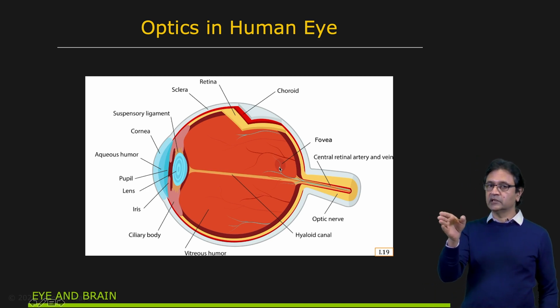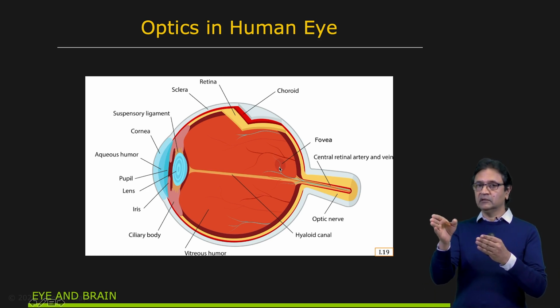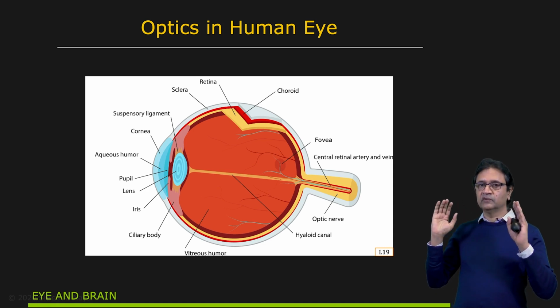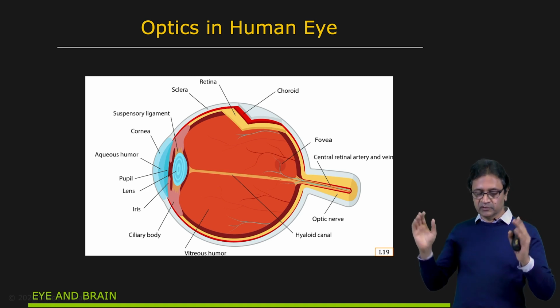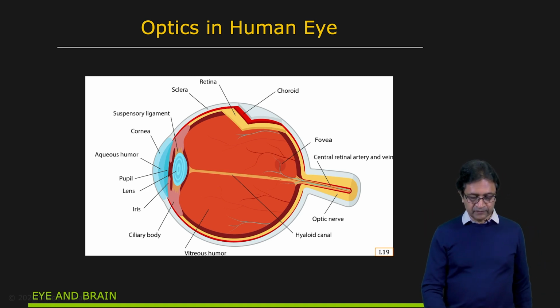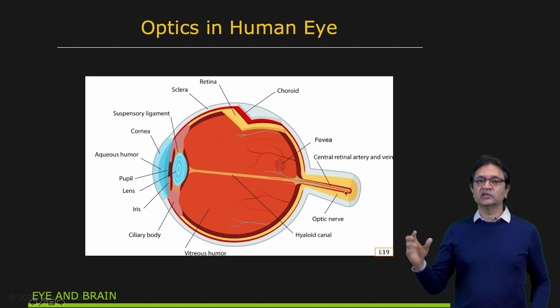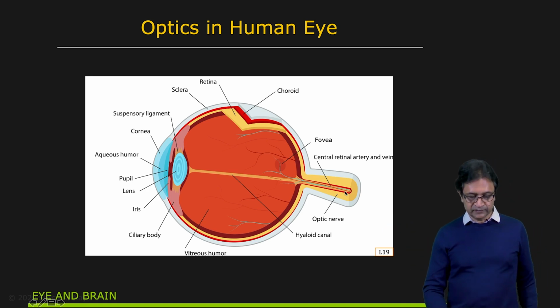When you look at something, that something is actually falling on your fovea. That's where you have maximum resolution, and then the resolution falls off as you go to the periphery of the retina. And then the image captured by the retina is passed through the optic nerve and makes its way to the visual cortex where it's analyzed.